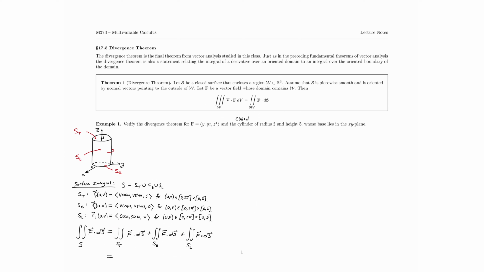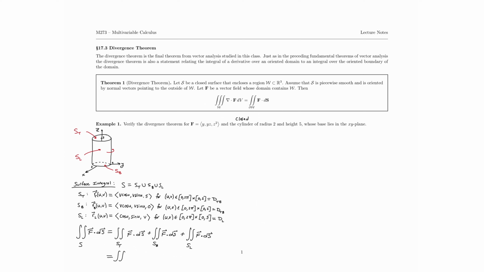So we'll do that. So this would be the double integral over, let's call this domain for top and bottom, because it's the same, so D sub TB, and this will just be D sub L.